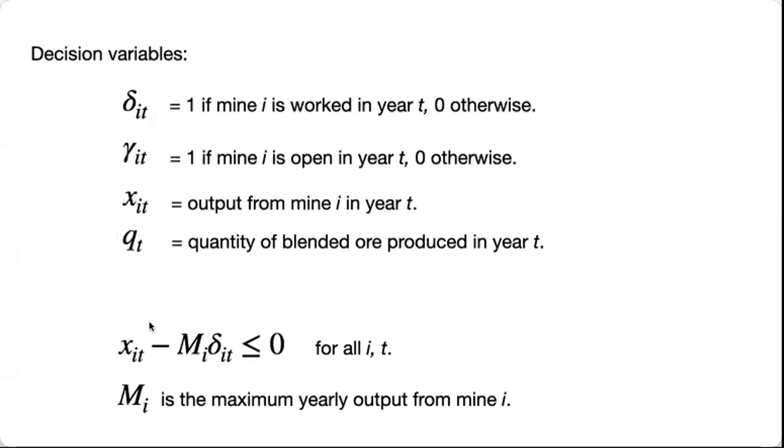Of course, we have capacity, the maximum capacity of each mine. So the output from mine I in year T, XIT, must be less than the maximum capacity of each mine.